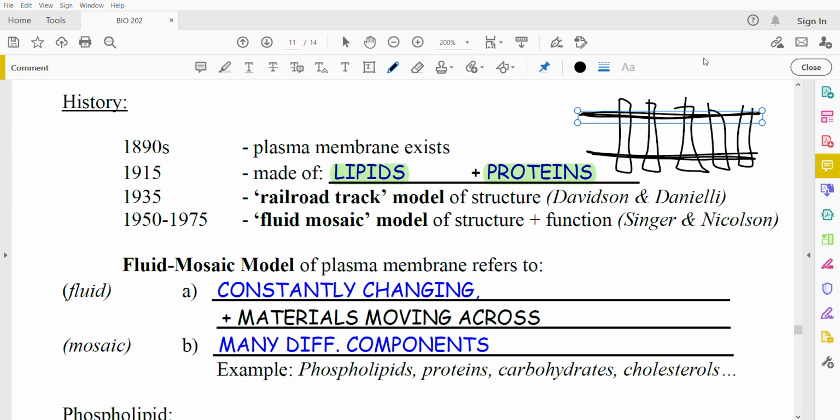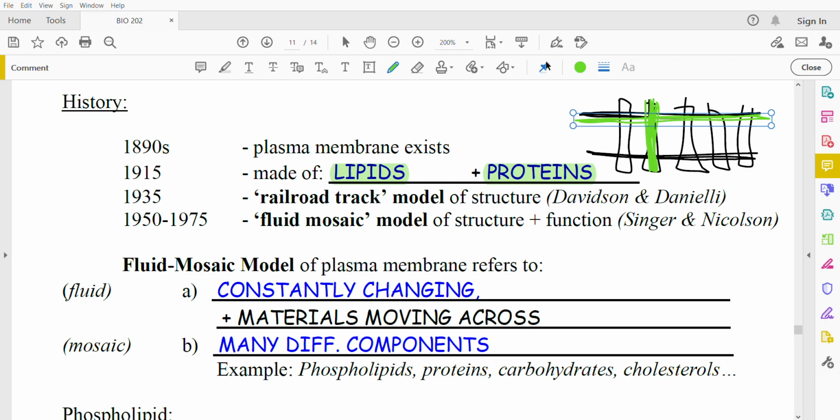What Davson and Danielli kind of missed, where they were wrong, was that they were saying that these railroad tracks, these metal tracks, would be proteins, and it would be phospholipids that go across a double layer of proteins. Of course, we know that this is not the case.